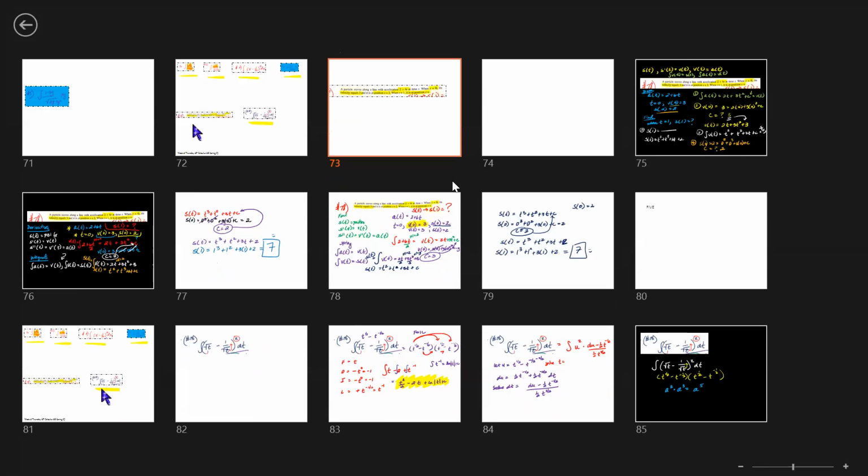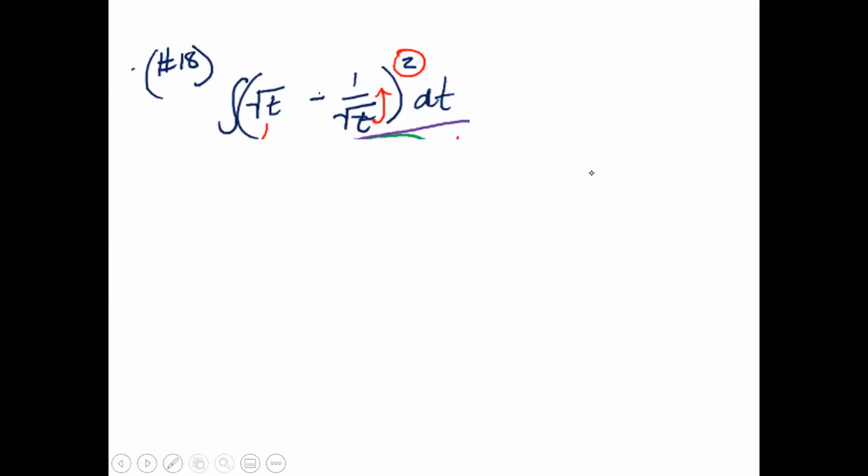All right, let's go on to the next question here. Okay, so with this question here, you could use a u sub if you would like to give it a try. So this is your parenthesis.